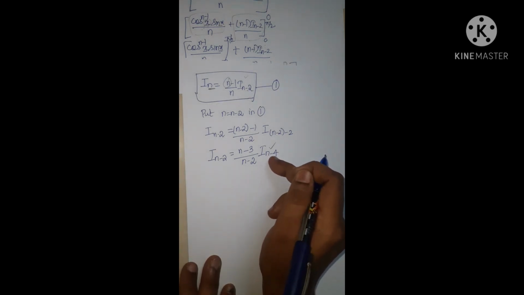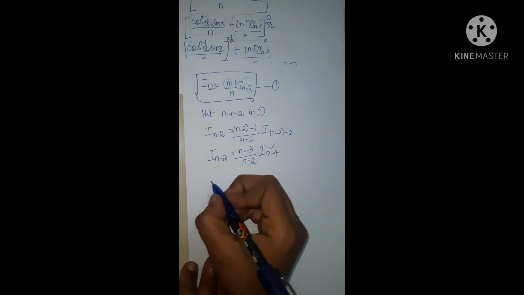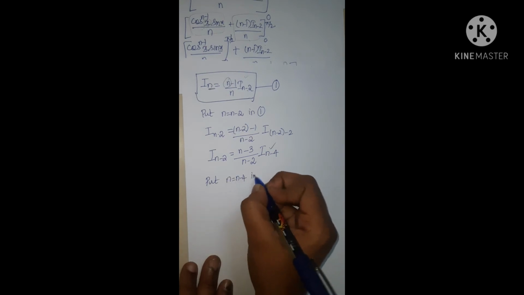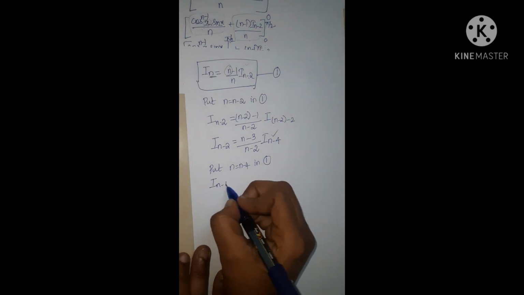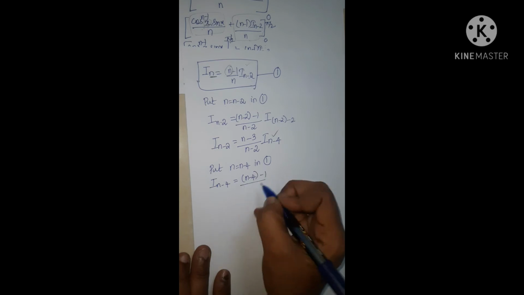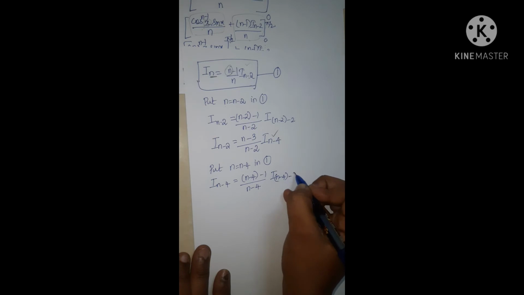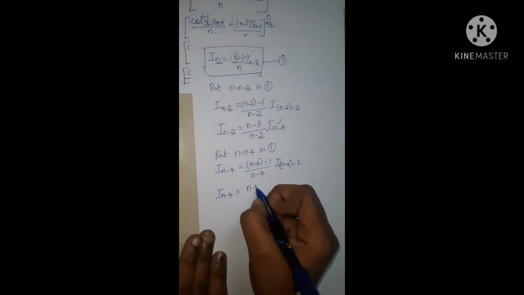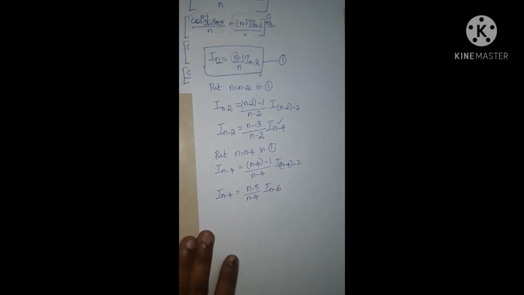If I put n minus 4 in the place of n, I will get I_(n-4). So put n equal to n minus 4 again in equation 1. We get I_(n-4) equal to (n-5)/(n-4) I_(n-6).